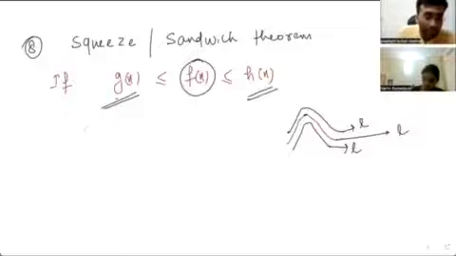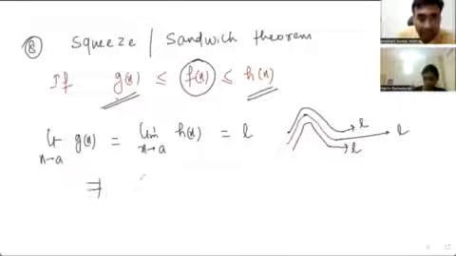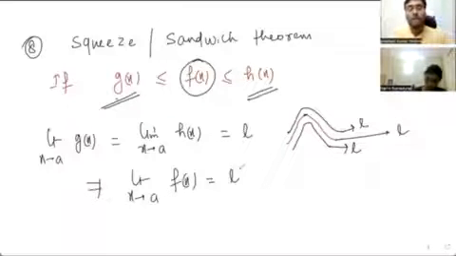That means limit x tends to a gx equals limit x tends to a hx, both tending to L, therefore limit x tends to a fx will also tend to L.